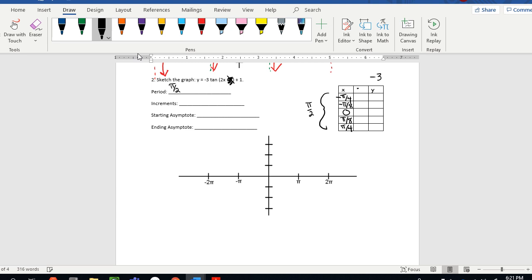How do I know that? Because half of a quarter is an eighth, okay? So my increments from 0 to pi over 8 is going to be pi over 8. Increment. I like using this one for the increment, just so you can see where it's coming from. Okay, starting asymptote is going to be negative pi over 4. Ending asymptote is going to be pi over 4.